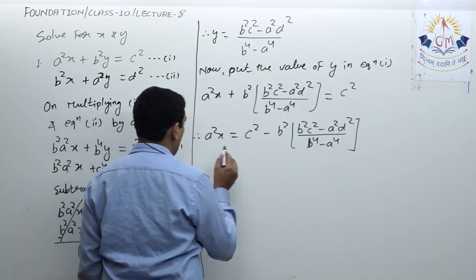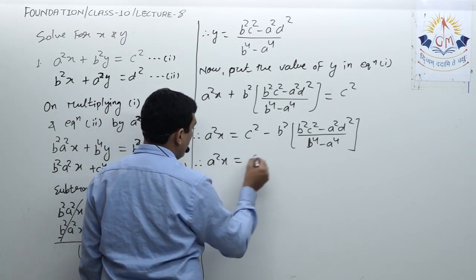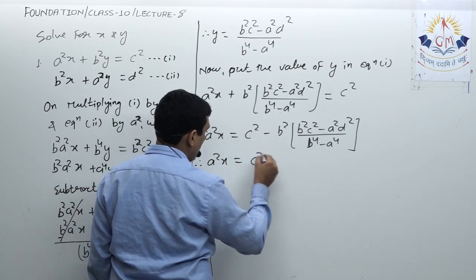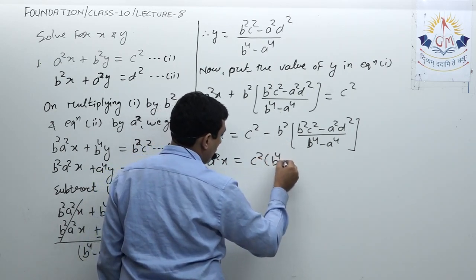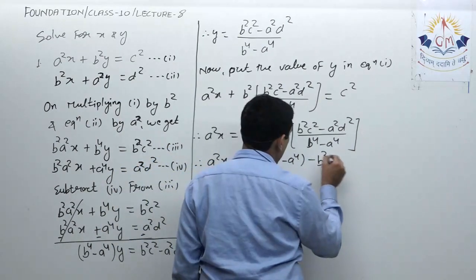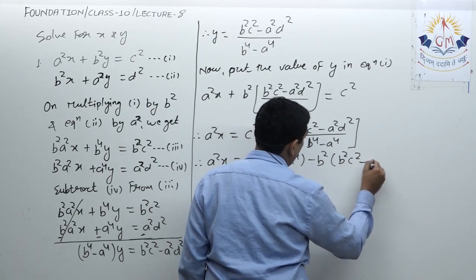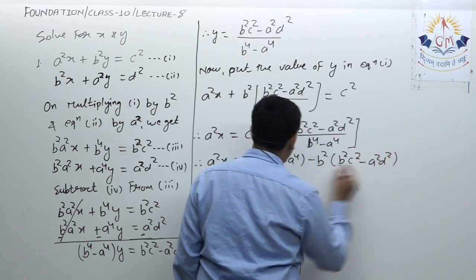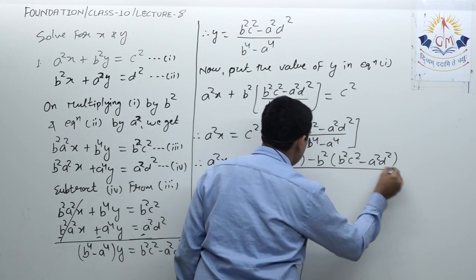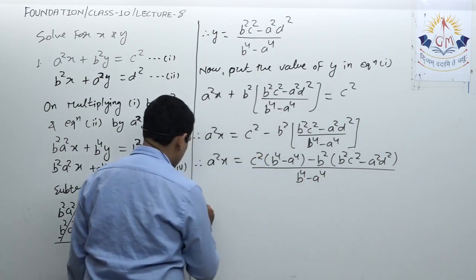Okay, now I'll take the LCM. So c square into b raised to 4 minus a raised to 4 minus b square into b square c square minus a square d square, divided by b raised to 4 minus a raised to 4.